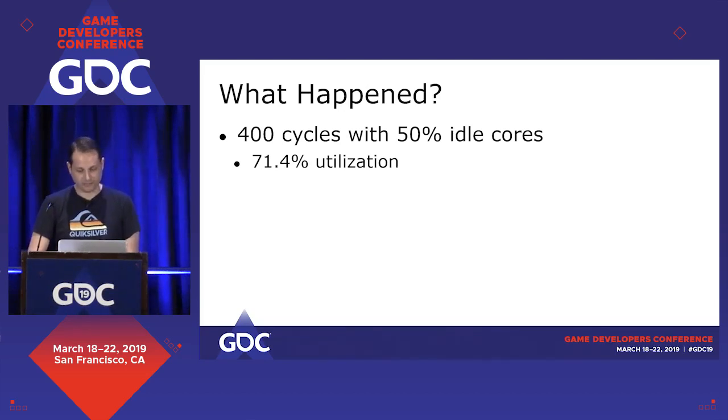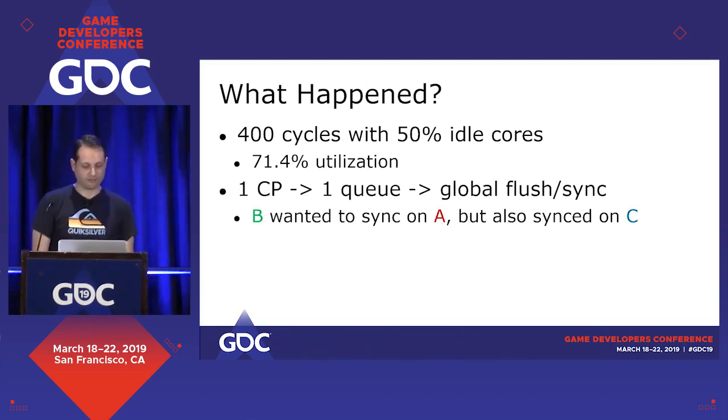Really the problem here, if we identify it, is we only have one front end, which means we only have one command processor and one command queue, and so this turns all of our flushes into a global flush or sync. This is a pretty blunt instrument for synchronizing things. Every time we do a flush, the command processor just sits around and waits and can't move on to anything else.